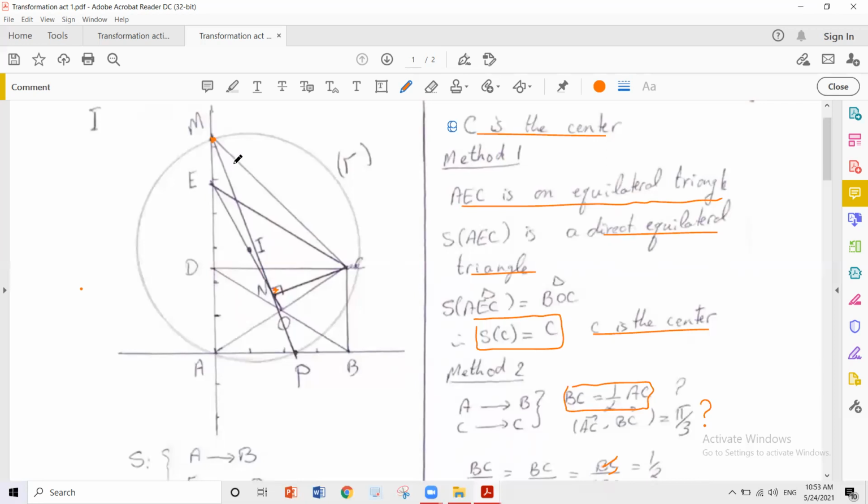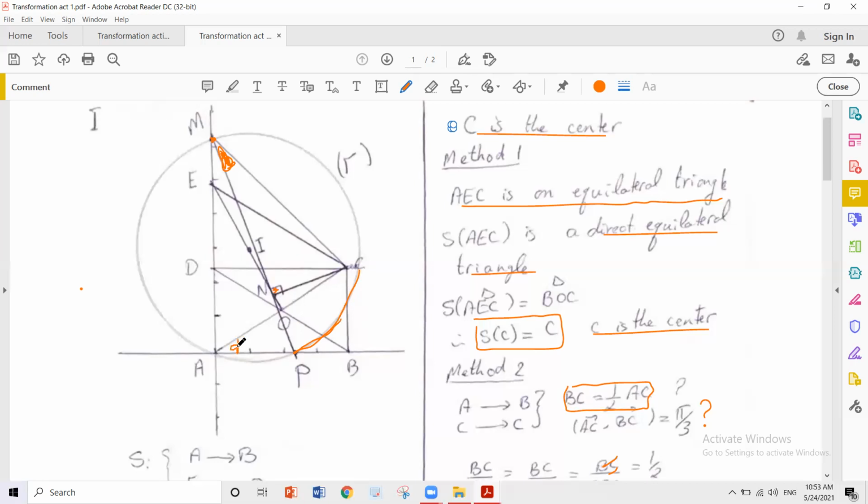MPMC. Why is this angle pi over 6? Who can tell why this angle is pi over 6? Okay, from grade 8, the angle MPMC is an inscribed angle equal to half arc PC.